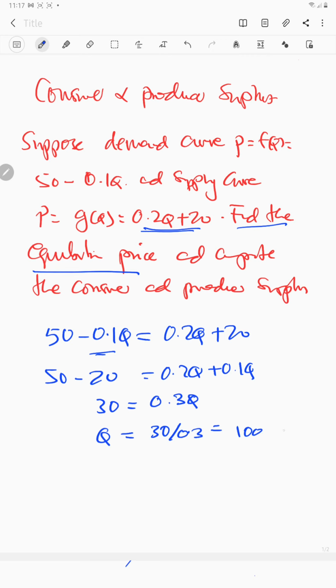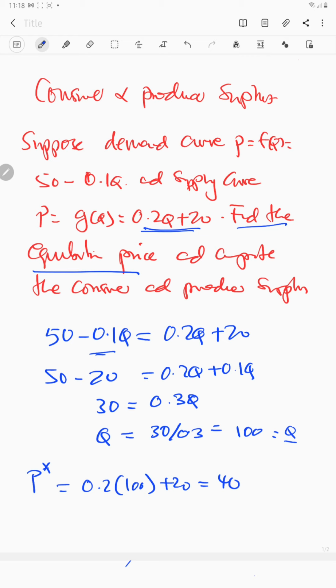It means we cannot produce more than 100. That's the maximum threshold. If we substitute this 100 into P star, it will be 0.2 multiplied by 100 plus 20, which gives us 40.